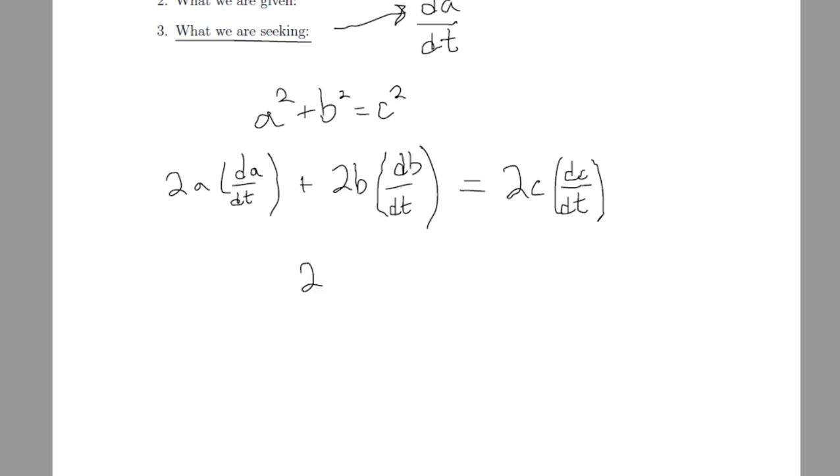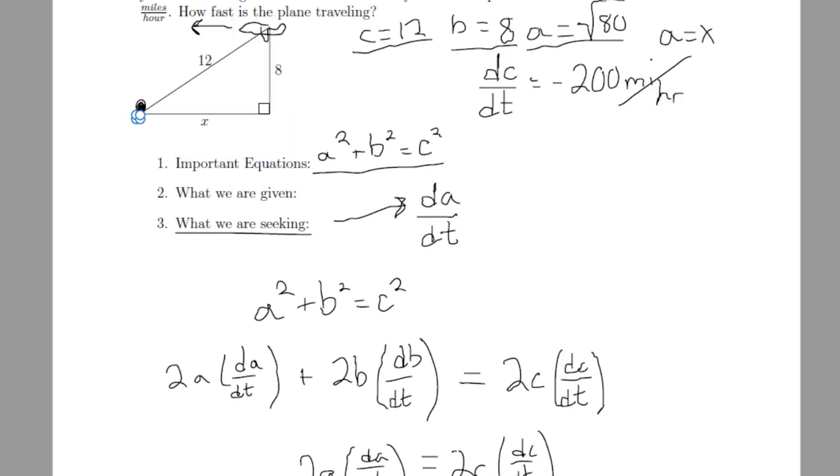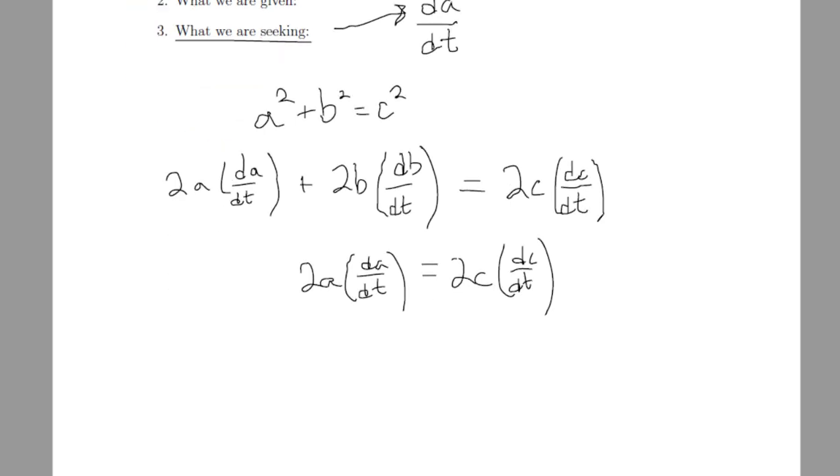So we can basically just completely negate that whole term. So we're just left with 2a times dA over dt equals 2c times dc over dt. All right, so we'll go ahead and plug in a couple things that we know. We know that a is root 80, so we'll have 2 root 80.